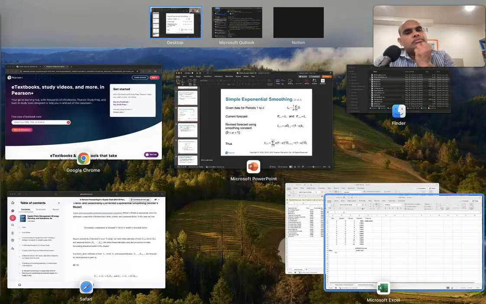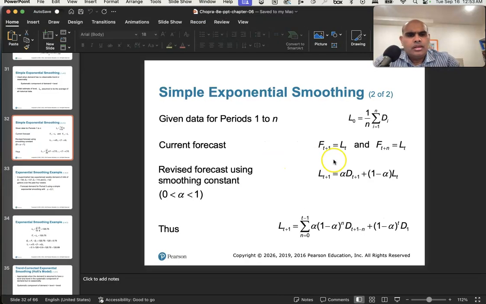And then in the future, we can revise the forecast by taking part of the demand and part of the level. So that's essentially what we are going to calculate.